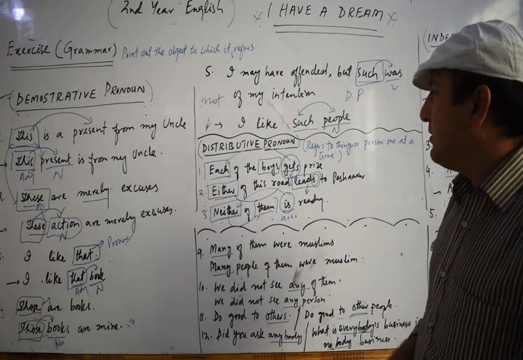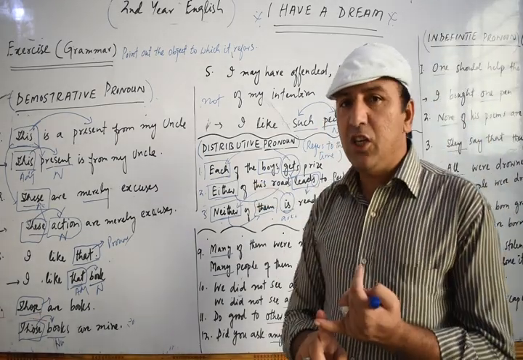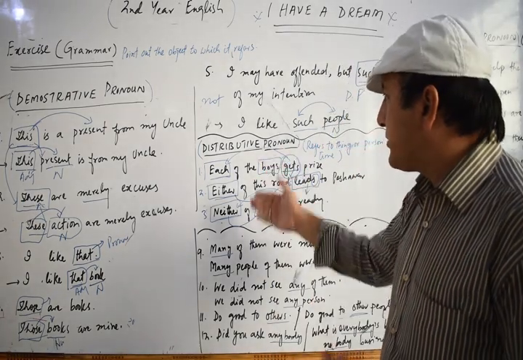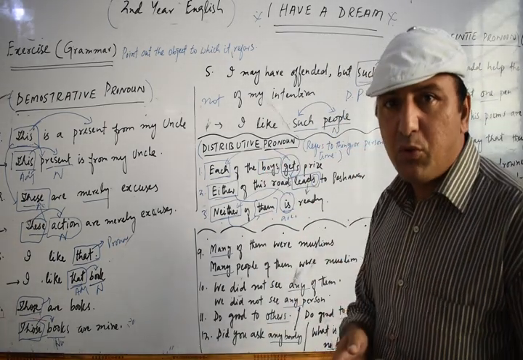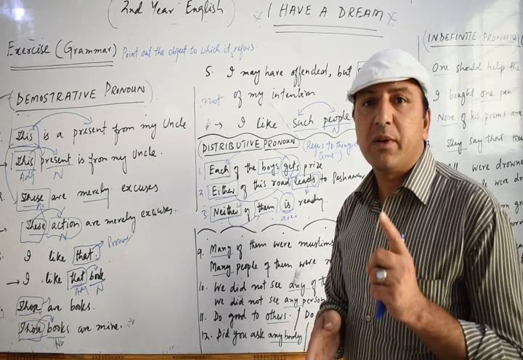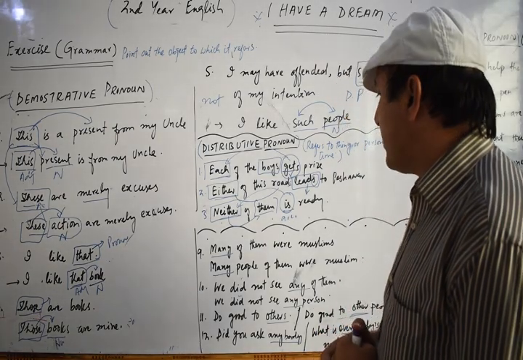So this is a distributive pronoun. We have the distributive pronouns each, either and neither. We call it a distributive pronoun because it divides among a group, and it refers to one person, one thing, one object at a time.